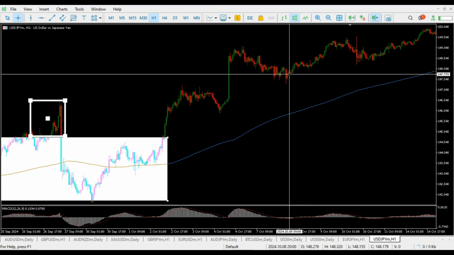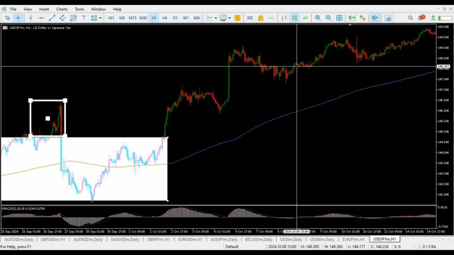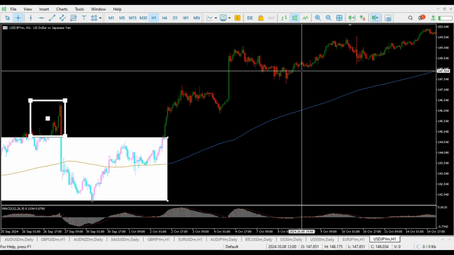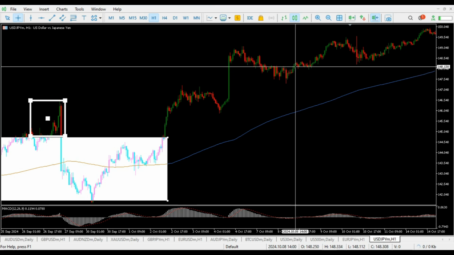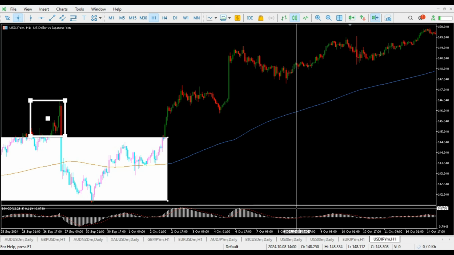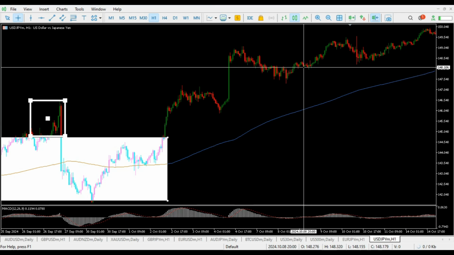So in this scenario, our bias is long. With all those 3 confluences, we are ready to go long. So entry here after the MACD crosses back positive with the positive bar. That's why I go long and buy the USD JPY.